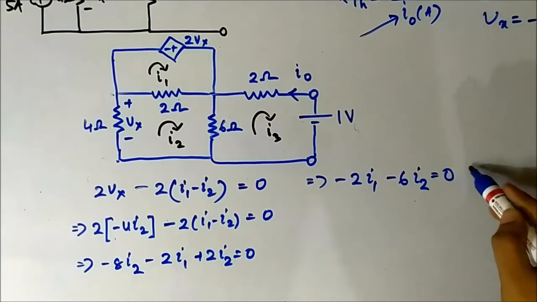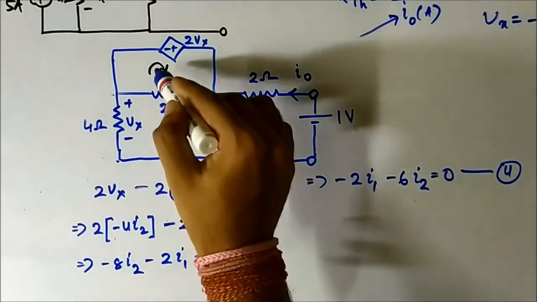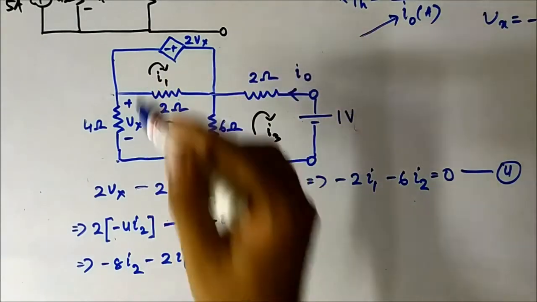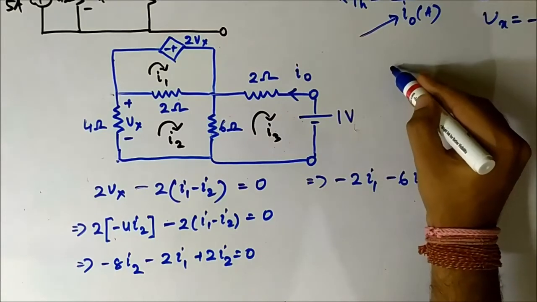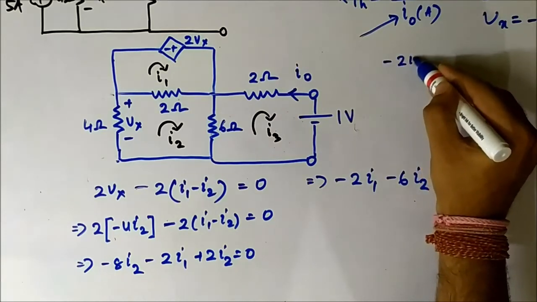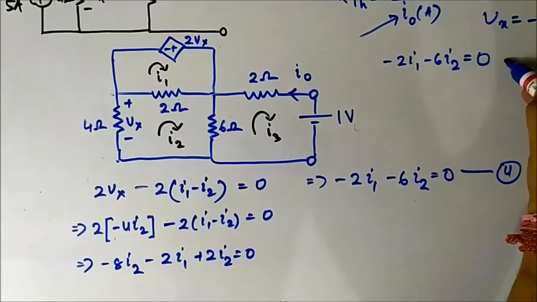This is the fourth equation, for mesh 1, this mesh. So let us write it here: minus 2I1 minus 6I2 is equal to 0.